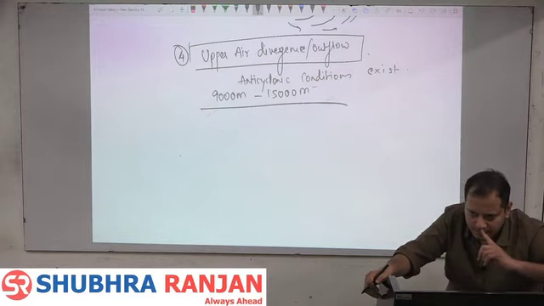Upper air anticyclonic conditions must exist at the height of 9,000 to 15,000 meters above the surface disturbance.